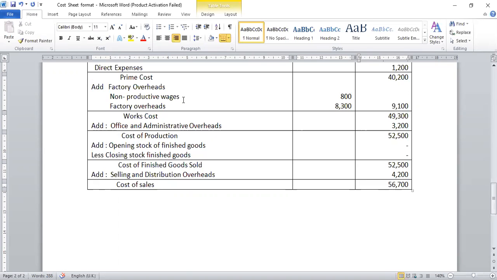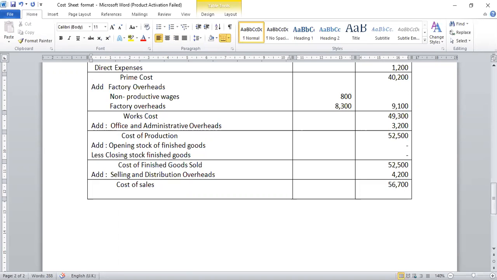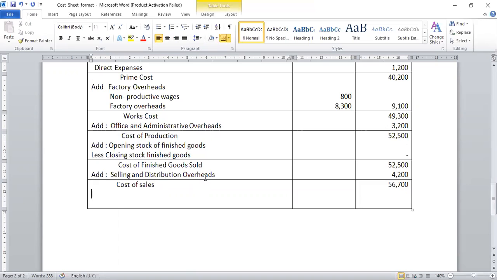See in your question, selling price is given, sale of finished goods 72,300. So leave the space for profit, add profit. Okay, and then in the last line you have to write sales. What is the amount of sales?